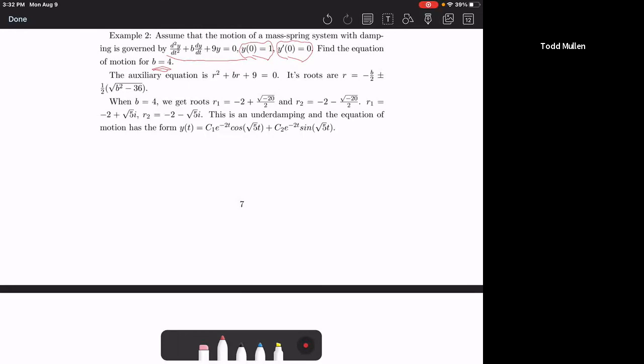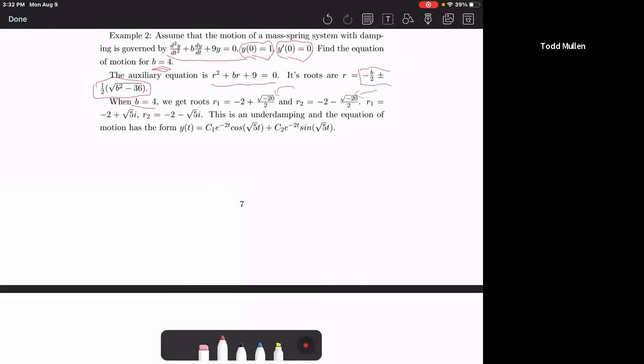The auxiliary equation is r squared plus br plus 9 is equal to 0. And its roots are, as we discussed before, negative b over 2 plus or minus 1/2 square root b squared minus 36. Now we've been given that b is equal to 4, so we can plug that in. And you'll notice these negative values under the square roots.